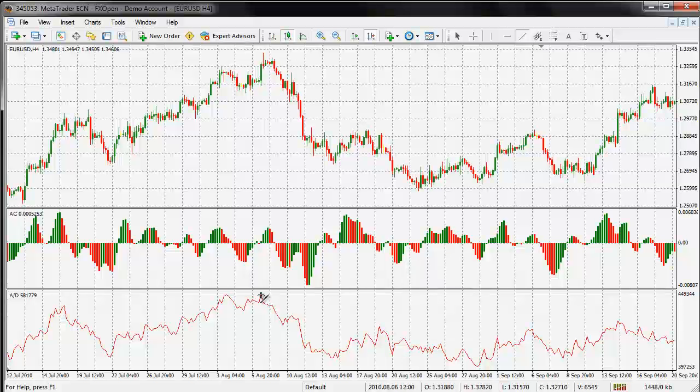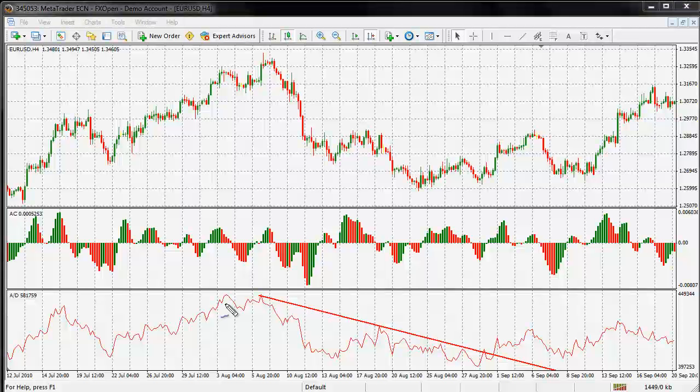And what we're looking to do is to find the accumulation distribution and place them on the highs. Now if you don't know what the highs are, these are like highs here. The reason why they're highs is because this one is higher than that one, this one is higher than that one and that one, and so forth.